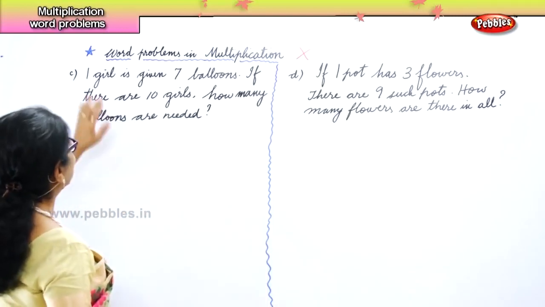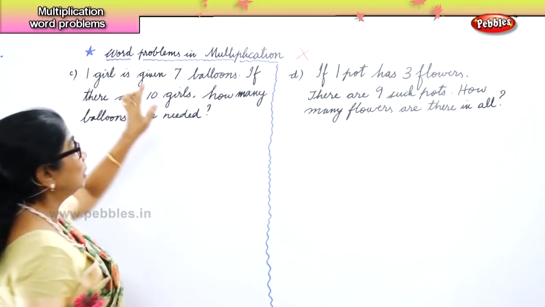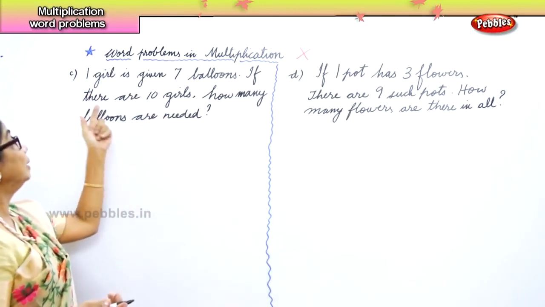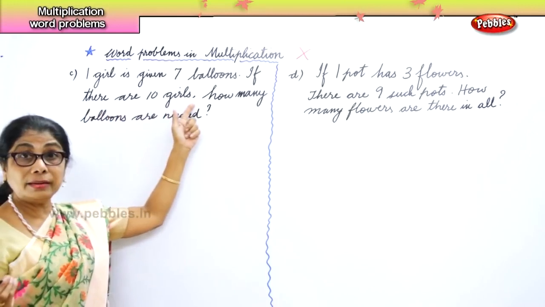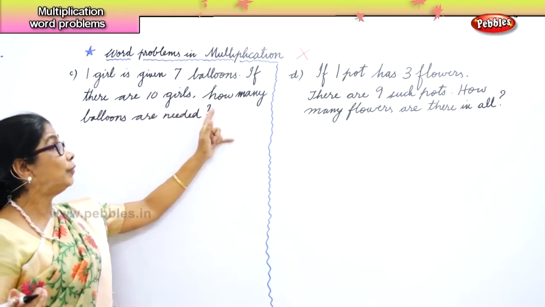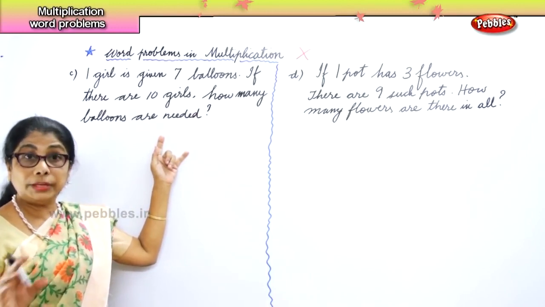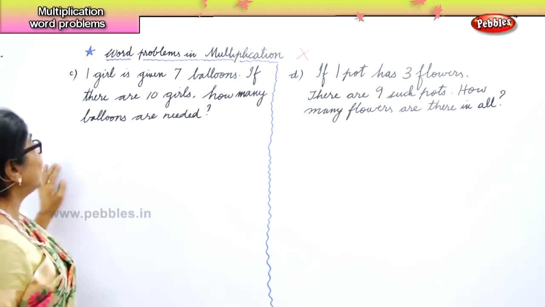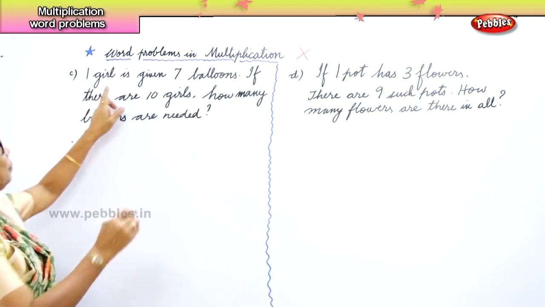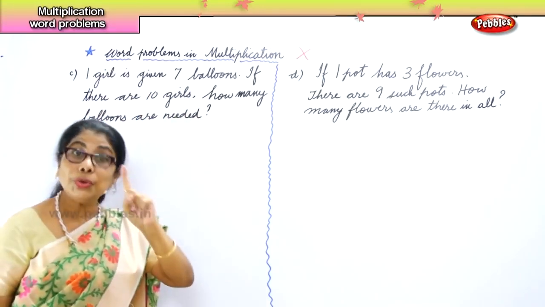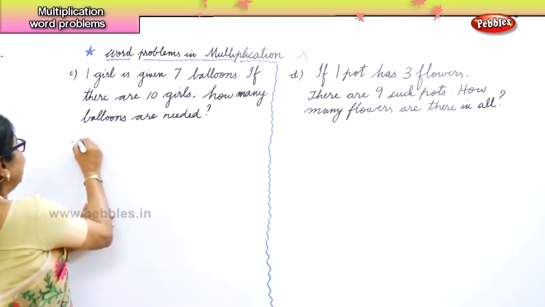First, we'll read the problem. One girl is given 7 balloons. How many girls are there? There are 10 girls. So we need to find out how many balloons are needed to give each girl 7. So what will be the first statement? Number of balloons given to one girl.